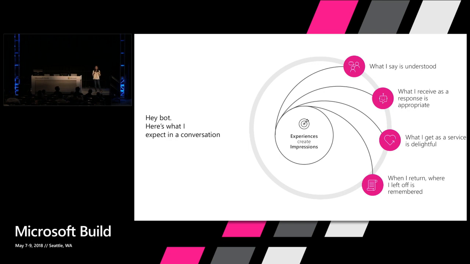What the user expects from the bot is: what I say will be understood, what I receive as a response is appropriate, and what I get as a service is delightful. And if I leave and come back, that context is carried forward, so where I left off is remembered.